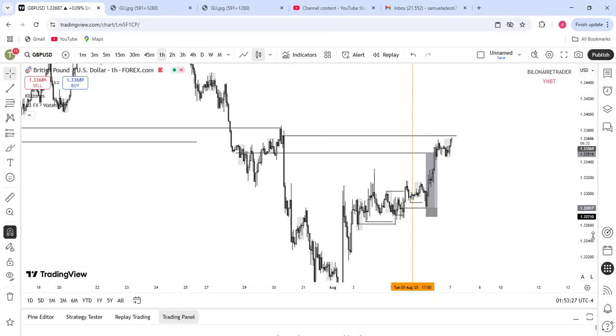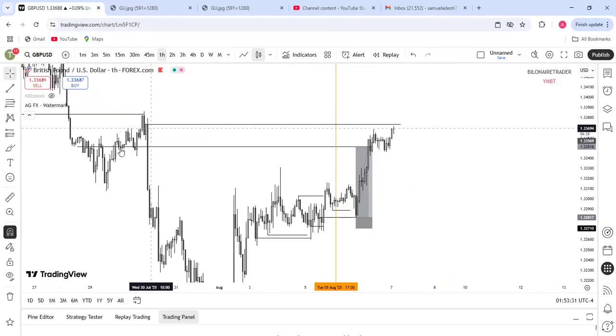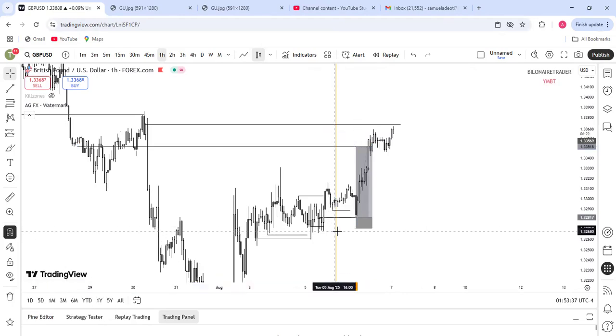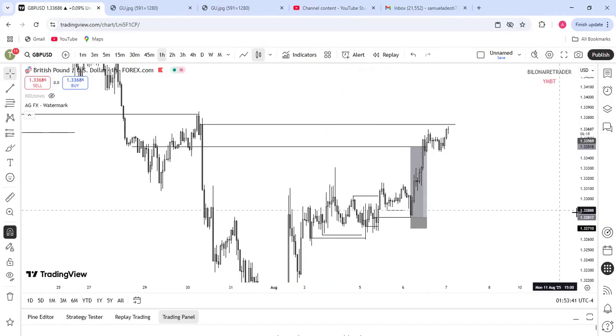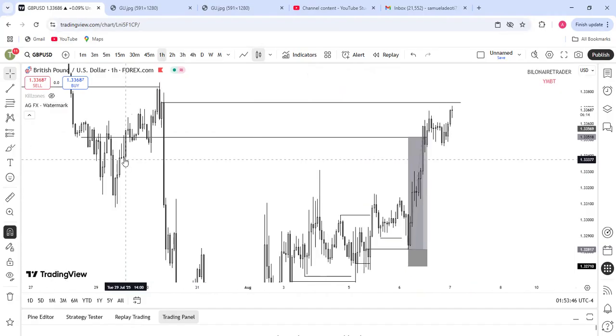Am I 100% sure on that? Not yet, but following the technicals, let me just delete all of this to make it cleaner. So let's see, unless the market proves us wrong.